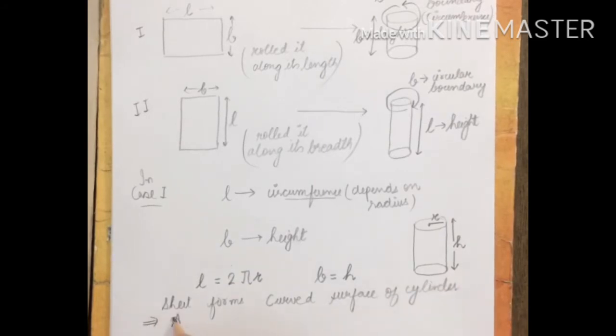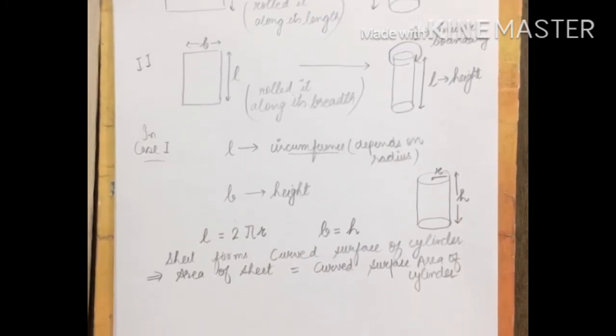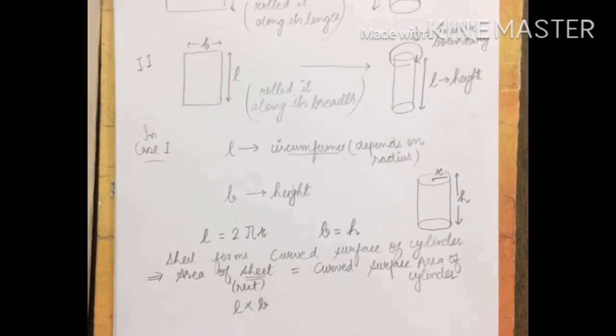This means the area of the sheet is equal to the curved surface area of the cylinder. The area of the sheet, which is a rectangle, will be given by L multiplied by B.